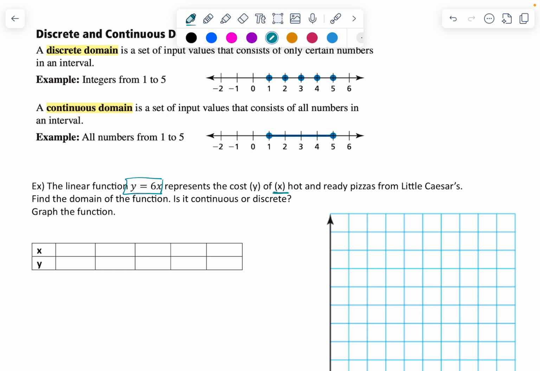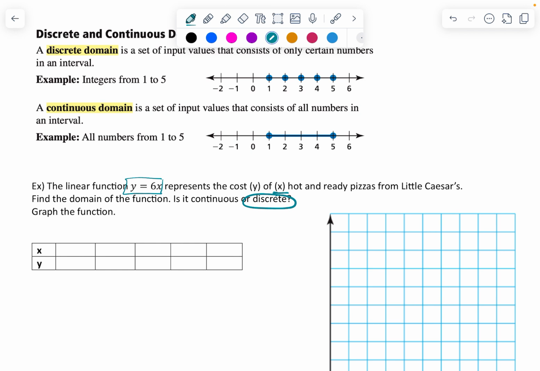So x refers to pizzas, how many pizzas we're going to buy, and y is the cost. Each hot ready pizza is $6. Can we buy 2.5 pizzas or 1.75 pizzas? No, they have to be whole numbers. So it is discrete. Can we buy -4 pizzas?